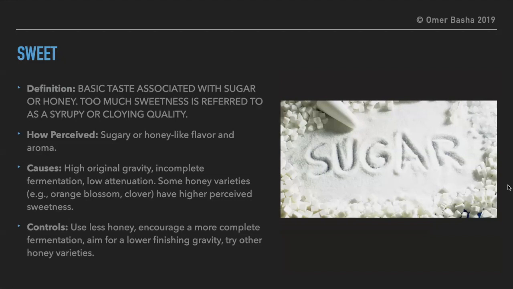The causes are high original gravity, incomplete fermentation, or low attenuation. And some honey varieties will have higher perceived sweetness than others. So to control, we can use less honey, encourage a more complete fermentation, aim for a lower finishing gravity, and try other honey varieties.